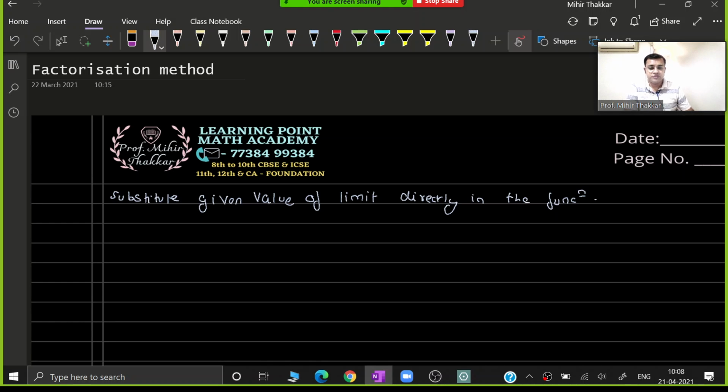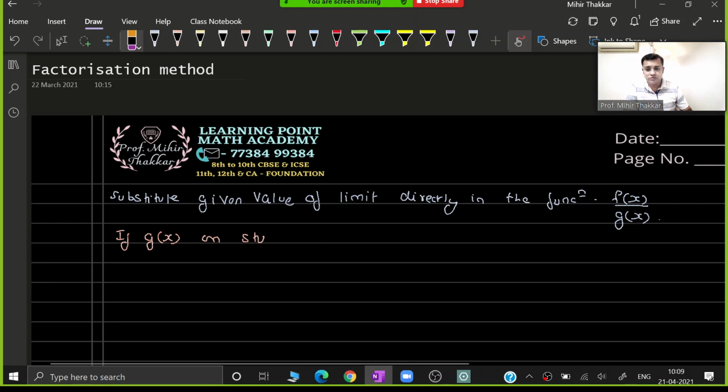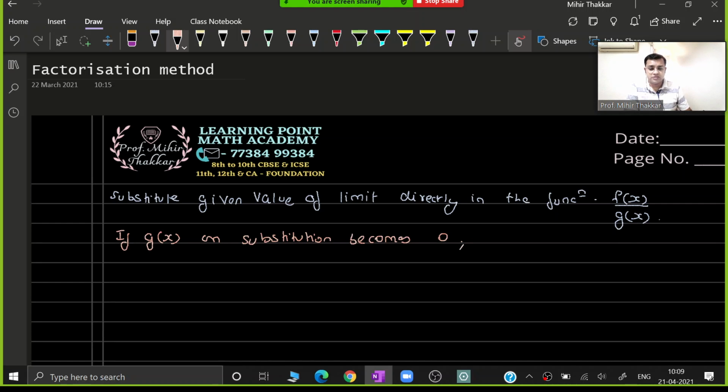So when you directly substitute the value in the function, it can be generally f(x) upon g(x), and if g(x) on substitution gives you 0, the denominator becomes 0.